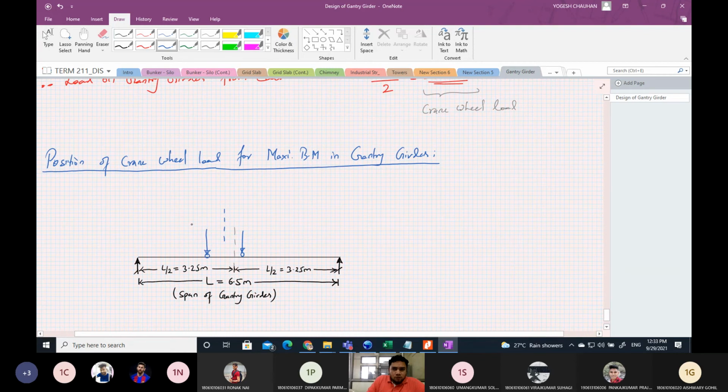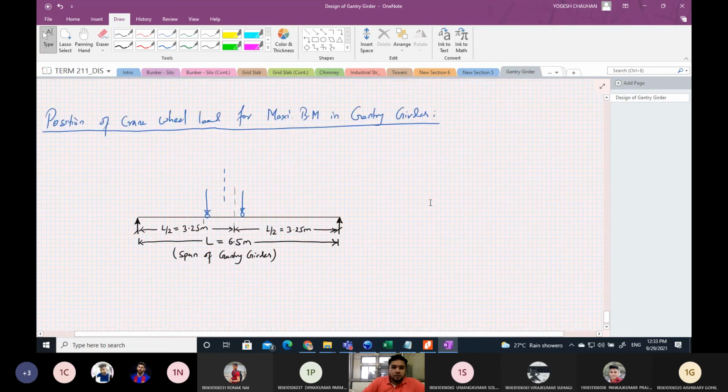The value of each is 190.63 kilonewton. This is the CG of the wheel loads.